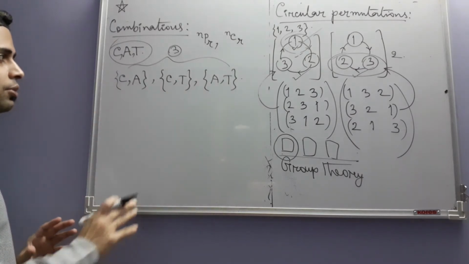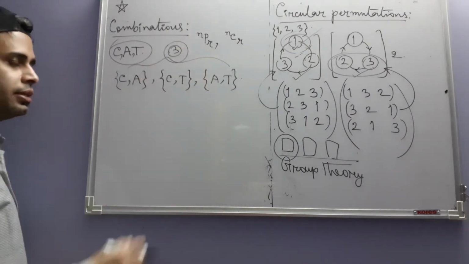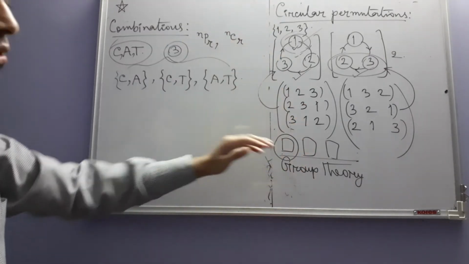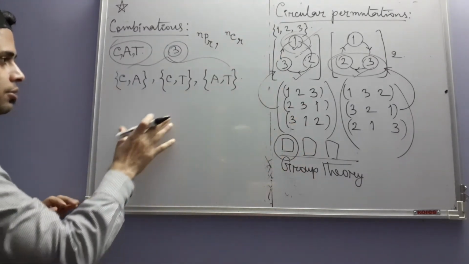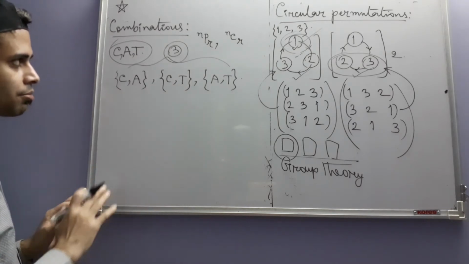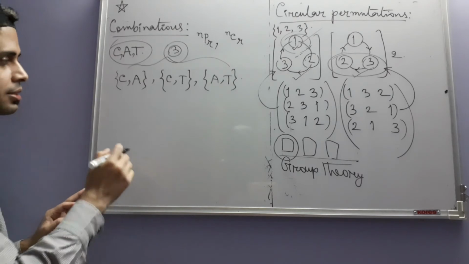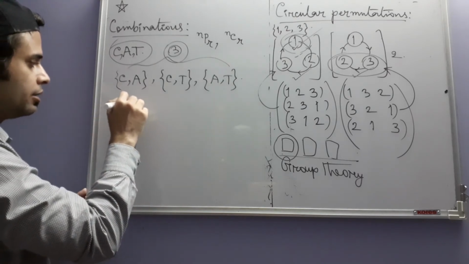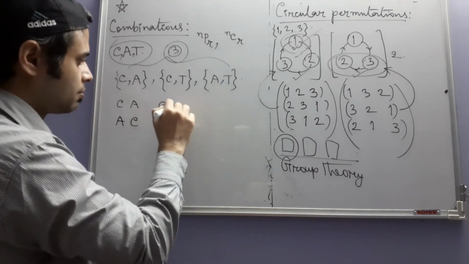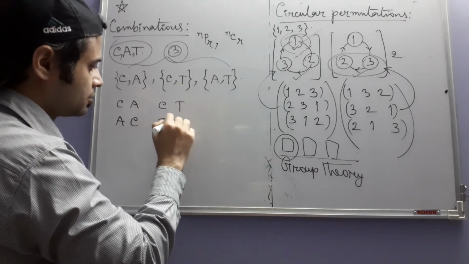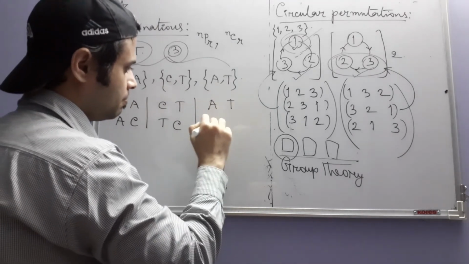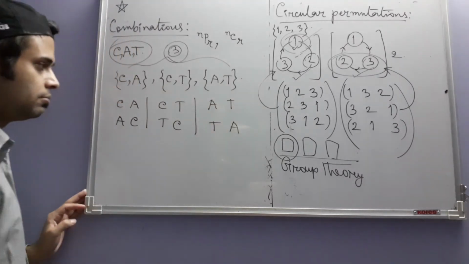Okay, now how are we getting this number 3? That we have to understand, just like what we did in case of permutations. So we said that we first of all write all the permutations and then see what is happening. So clearly we have these permutations. Okay.